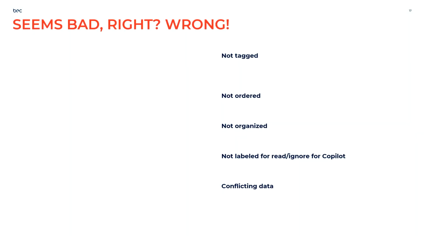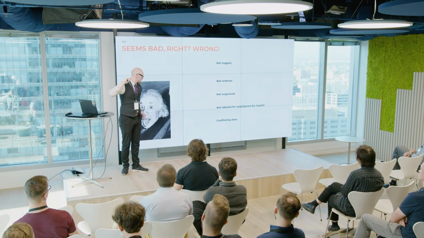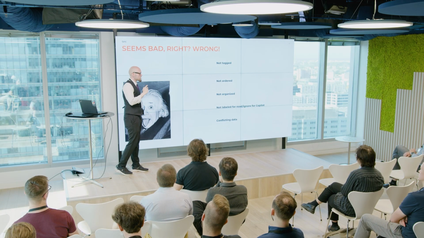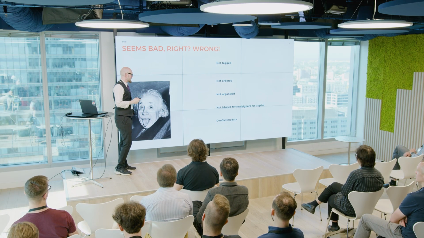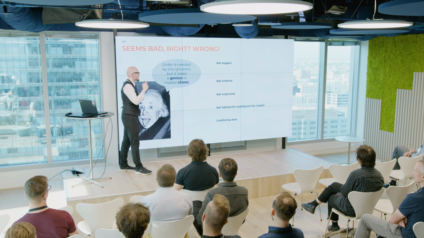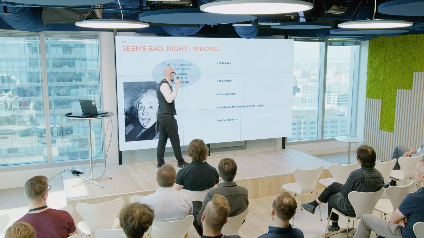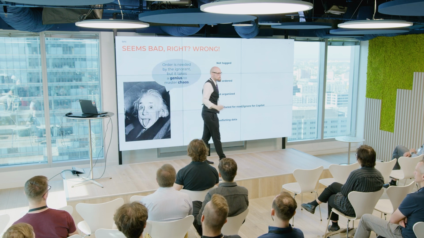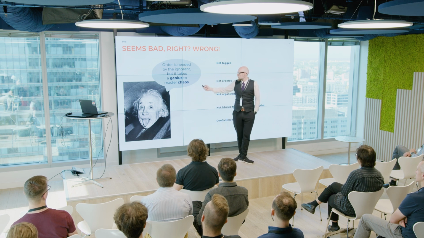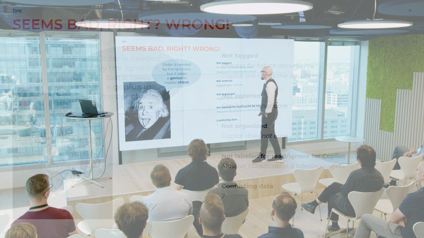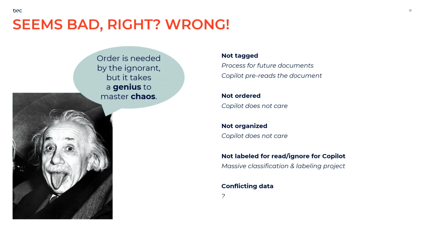I seem to remember the wise words of a physicist who lived a couple of years ago. Know that guy? He said something that is very relevant to AI: order is needed by the ignorant, but it takes a genius to master chaos. It turns out Copilot is a genius because, let's see, still an issue, still an issue.